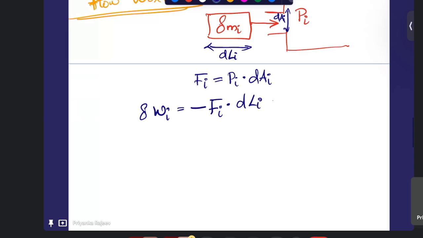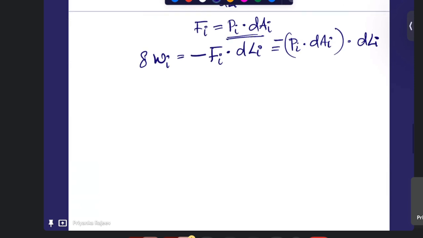Now this Fi I can write as Pi dAi times dLi, with negative sign. Now I can rearrange it. So I'll be getting dA times dL as volume. So it will become negative Pi times delta Vi.